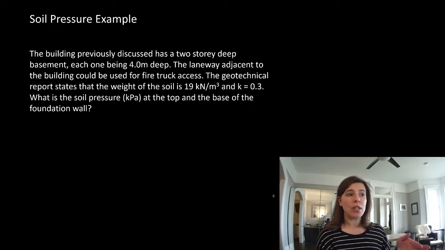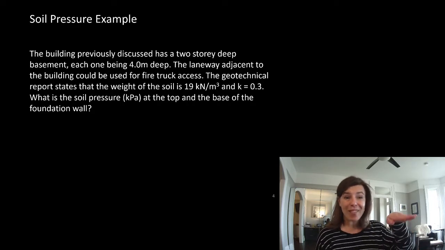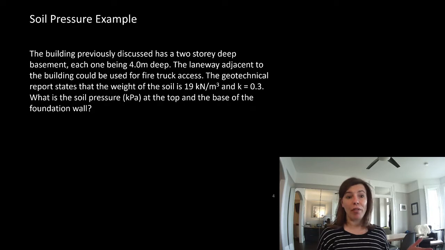There's a laneway adjacent to the building that could be used for fire truck access. So that means we have to think about our surcharge being 12 kPa. The geotechnical report states that the weight of the soil is 19 kilonewtons per meter cubed, and K is 0.3. What is the soil pressure in kPa at the top and at the base of the foundation wall?